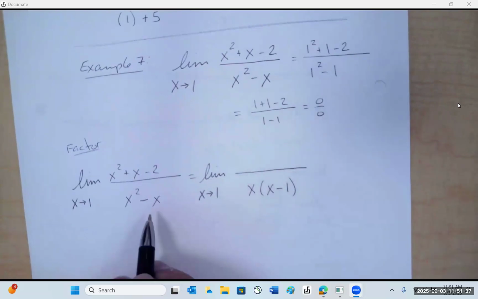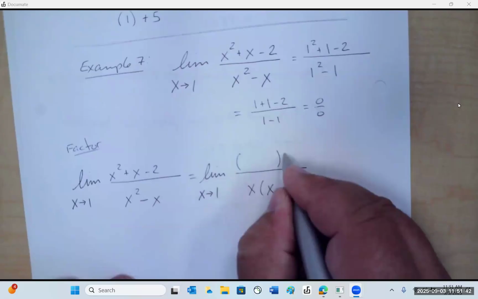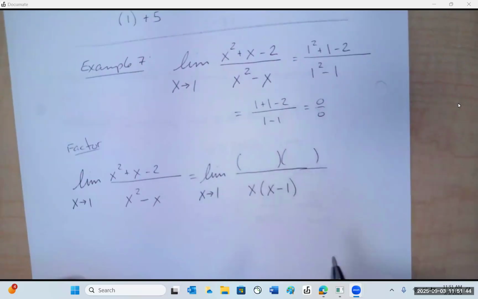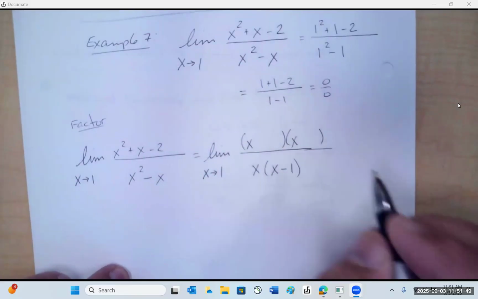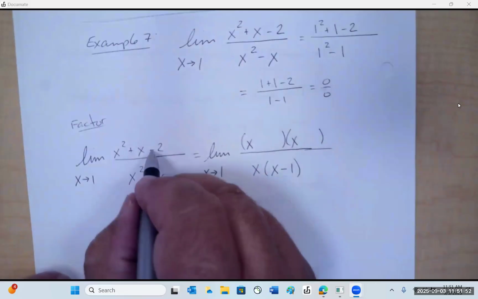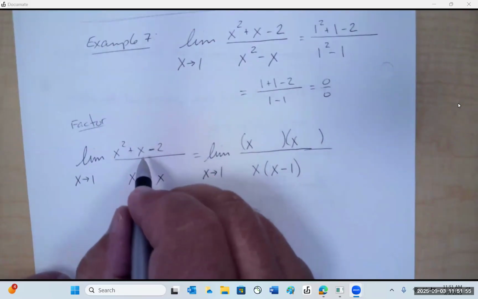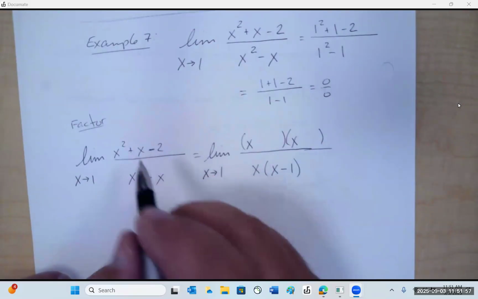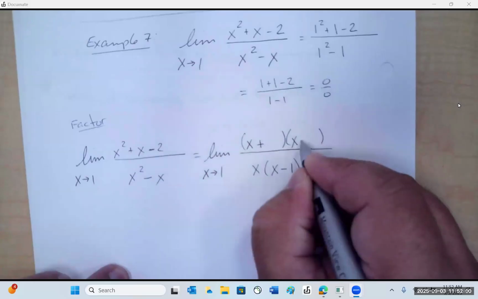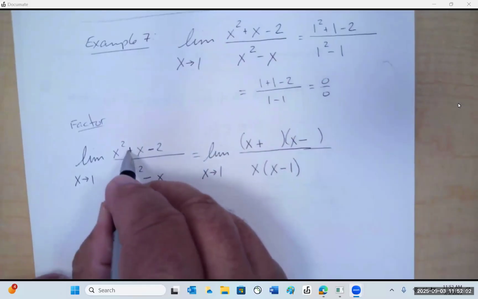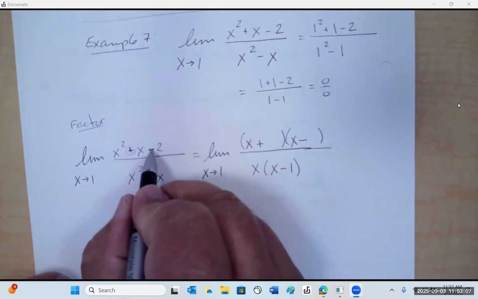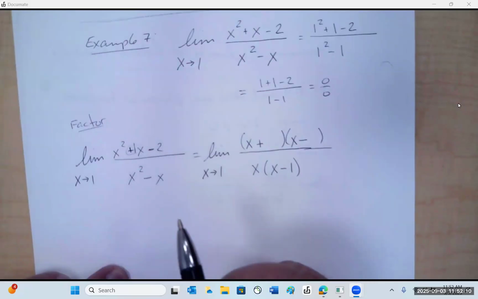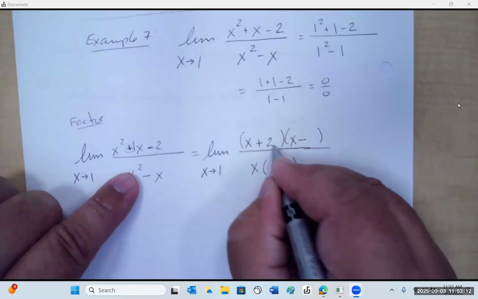Right. You factor out an x. On the top, we have a trinomial, so we could try to factor it this way. We have x and x. Since the second sign's a minus, what does that tell us about the signs? They have to be opposite signs. And the bigger number will get the positive sign. So what times what is 2, and when you subtract them, you get 1? 1 and 2. So the 2 goes here, the 1 goes there.